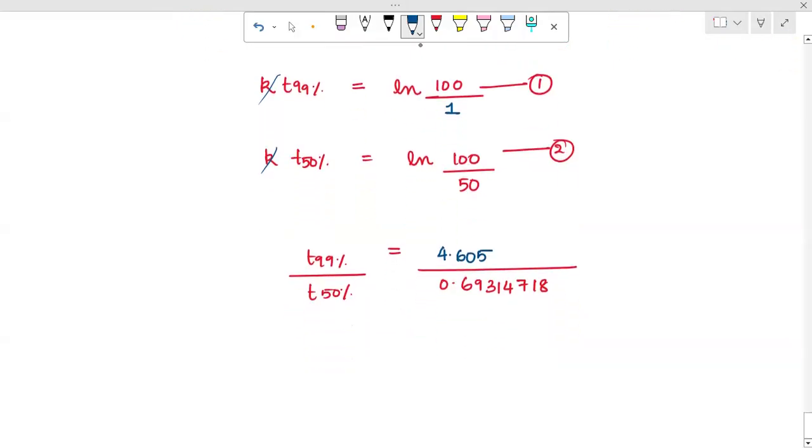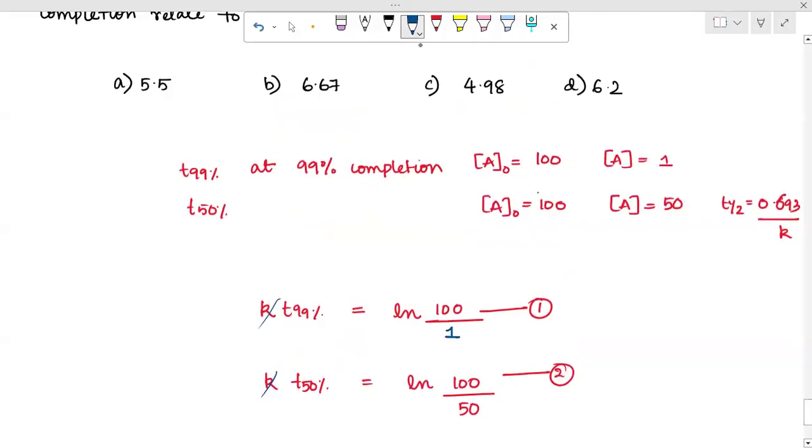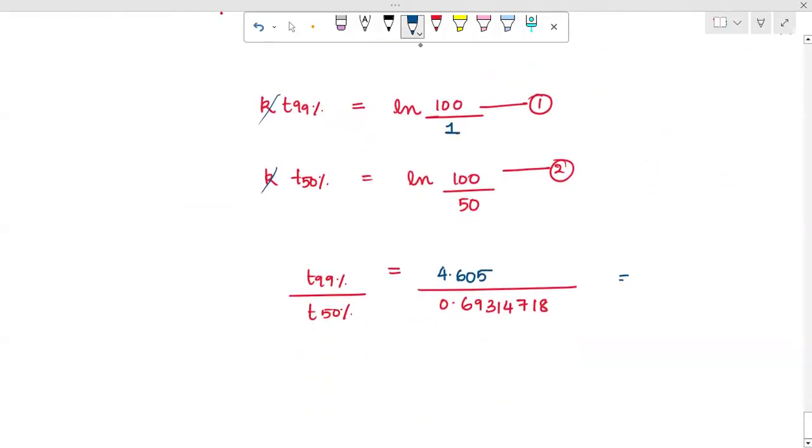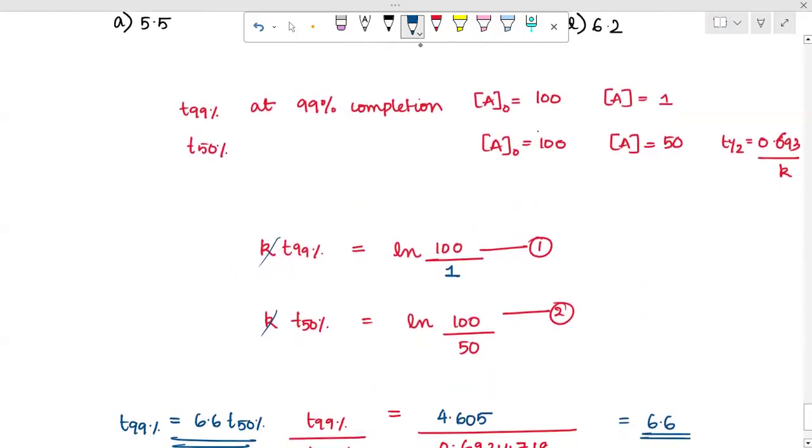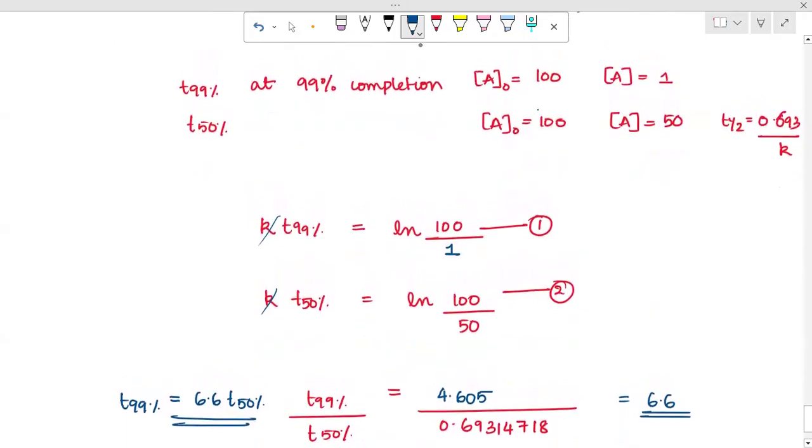That is the mistake that I made. Now let me try. 4.605 divided by 0.693 is giving me 6.6, which means t99 is equal to 6.6 of t50. That is where I made the mistake. I'm so sorry.